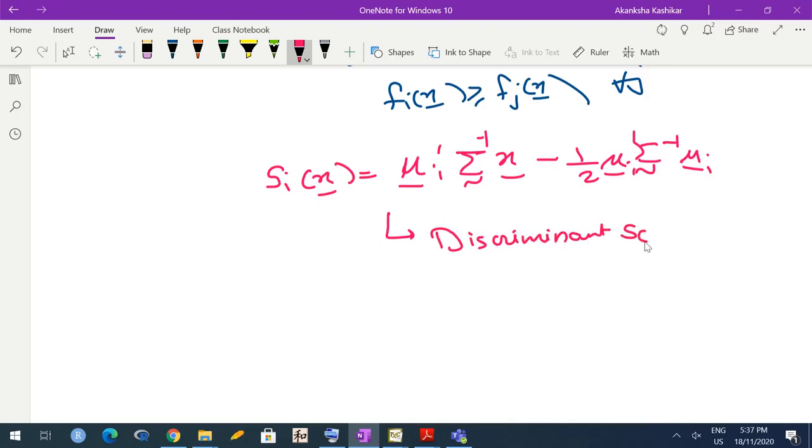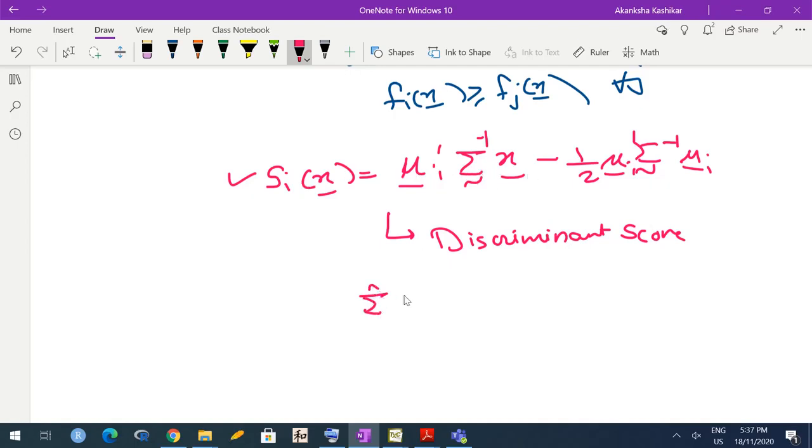So the rule says that compute this type of discriminant score for each population and assign x to that population for which this score is maximized. Okay. Of course, mu and sigma will have to be replaced by their estimates.